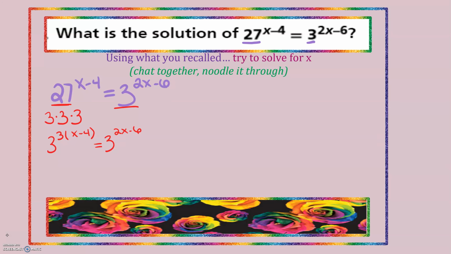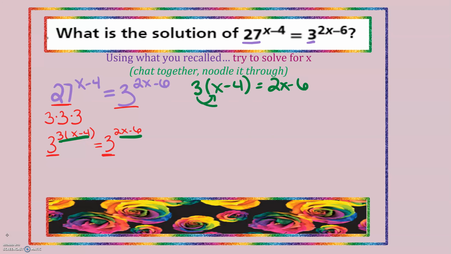And now we have it set up where we have the exact same base. So we don't have to worry about writing that base again, and we only need to worry about writing the exponents and solving. So I'm going to have 3 times x minus 4 equals 2x minus 7. Oh, I said 7 and I wrote what it was. 6 I meant.